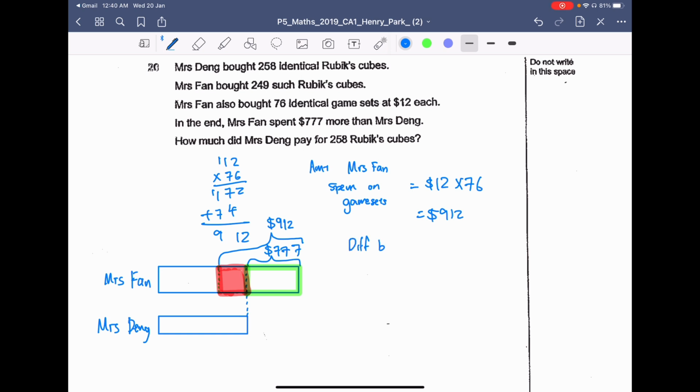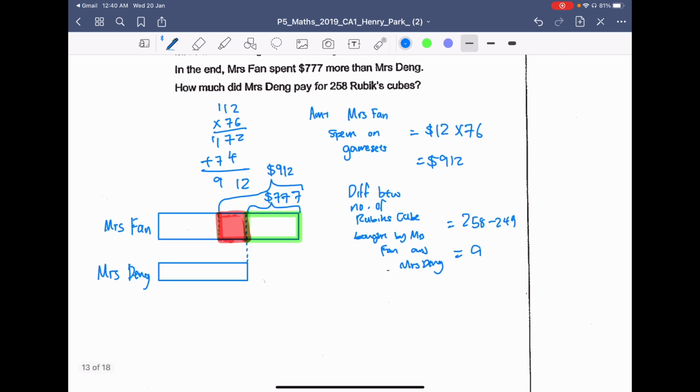Difference between number of Rubik's Cubes bought by Mrs. Fan and Mrs. Deng equals 258 minus 249, which is 9. So the red portion represents 9 Rubik's Cubes.